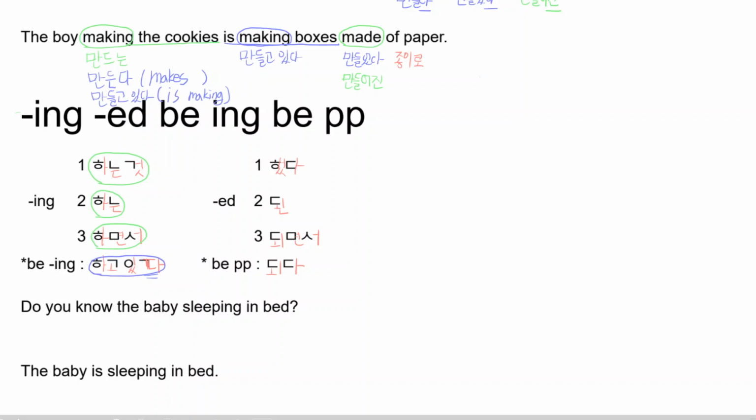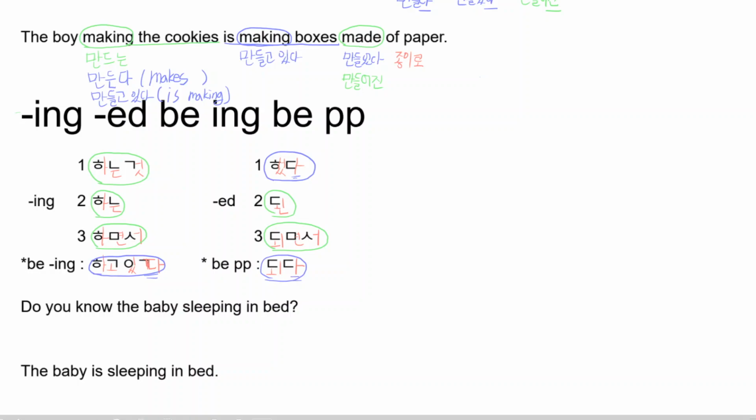So 뭐뭐 했다 ends with 다, so it should be marked with blue. 뭐뭐 된 is green, 뭐뭐 되면서 is green, and 뭐뭐 되다 is blue because it ends with 다, right?